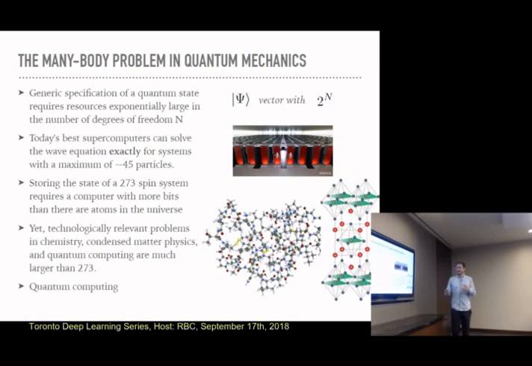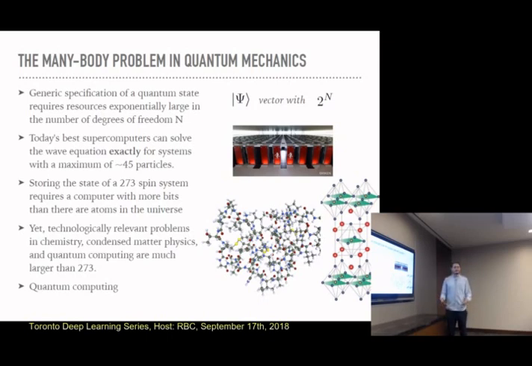I don't think this audience needs a reminder of what exponential growth means, but let me just tell you a number. Storing the state of a 273 spin system, so 2 to the 273, requires a computer with more bits than there are atoms in the universe. So what does that even mean?